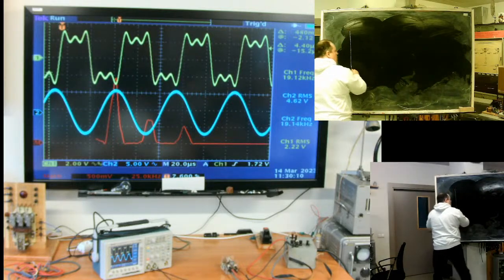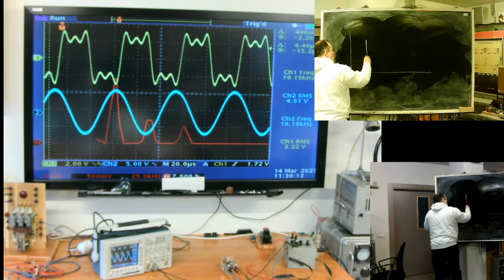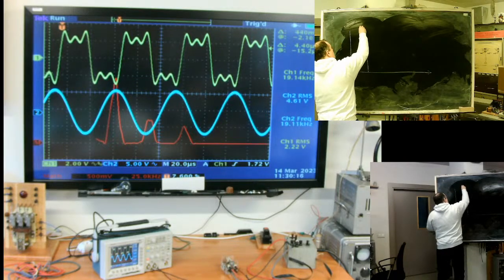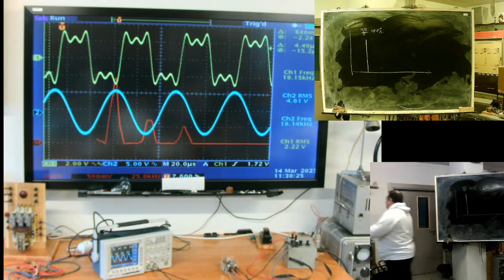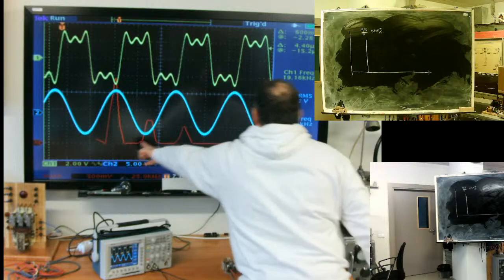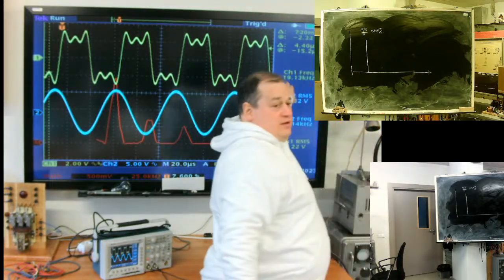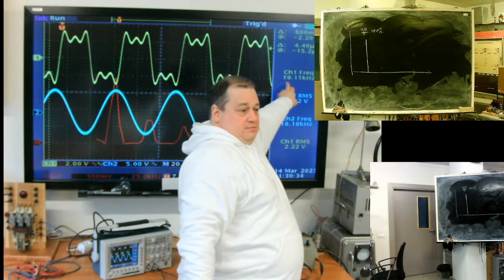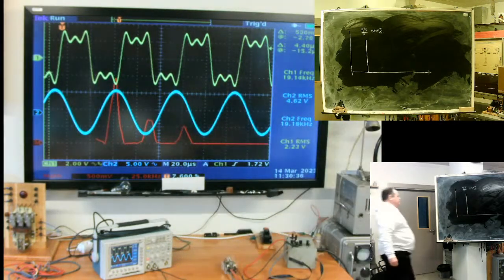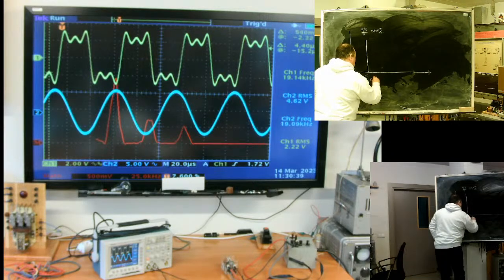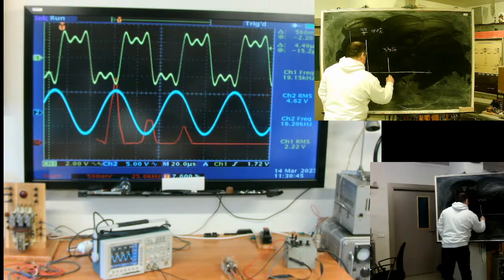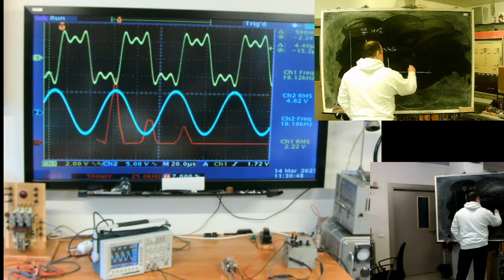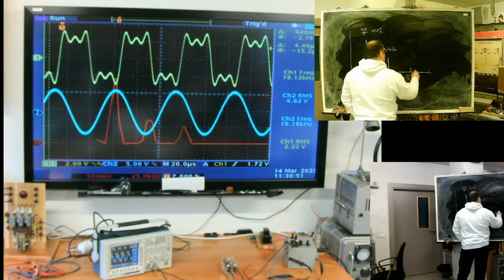My signal has a spectrum of 3 lines. The first is 100%. This red line corresponds to a frequency of 19 kilohertz. The next corresponds to 3 omegas, and this one will be 5 omegas.